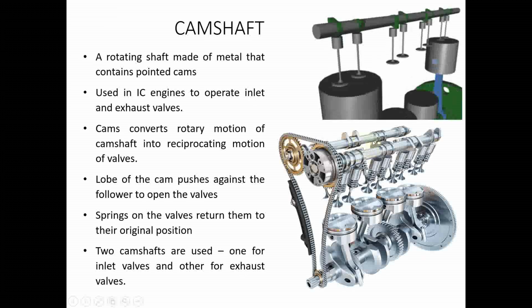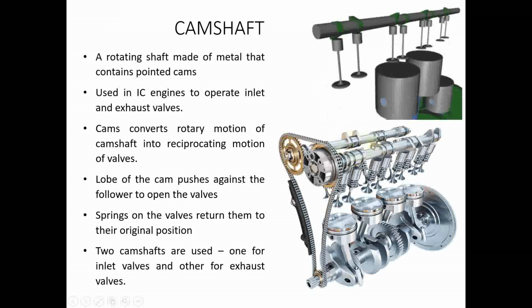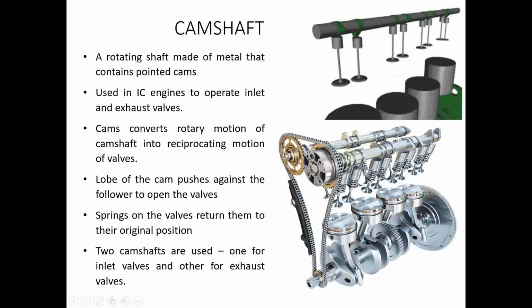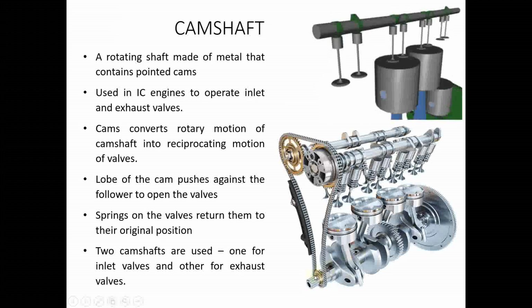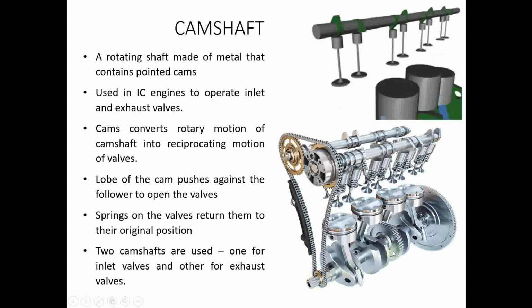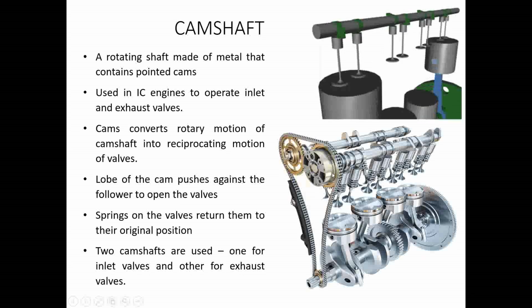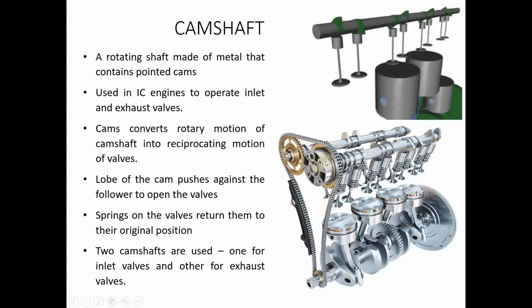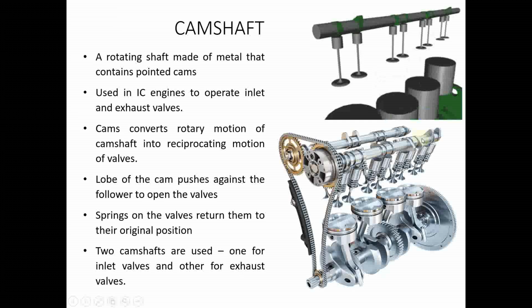And these camshafts usually run at half the rotational speed of the crankshaft. So if the crankshaft is rotating at around 1500 rpm, the speed of the camshaft is adjusted to run at 750 rpm. Usually that is the ratio.